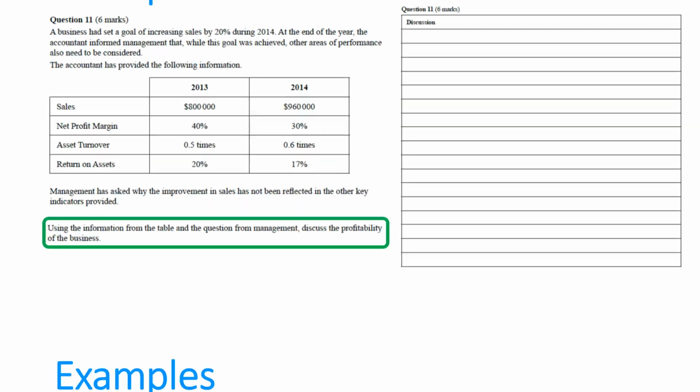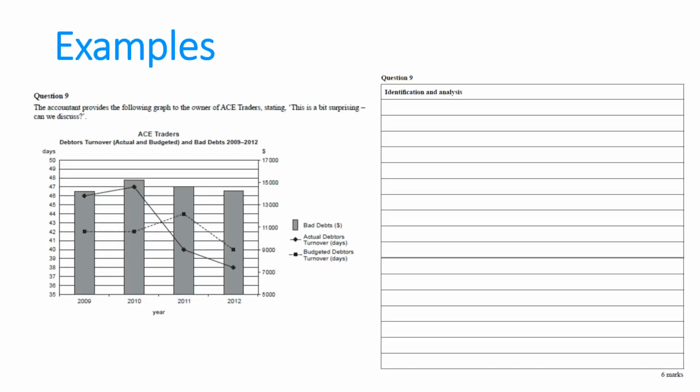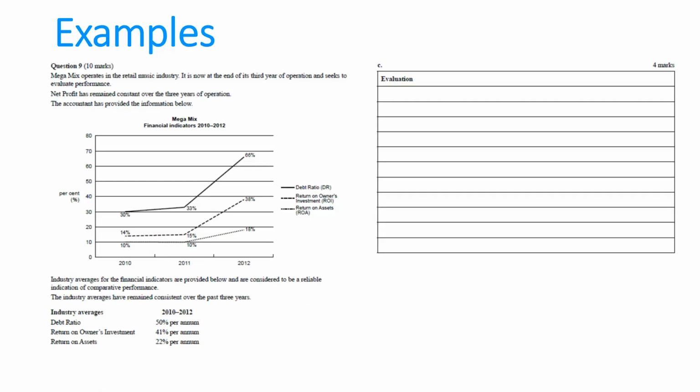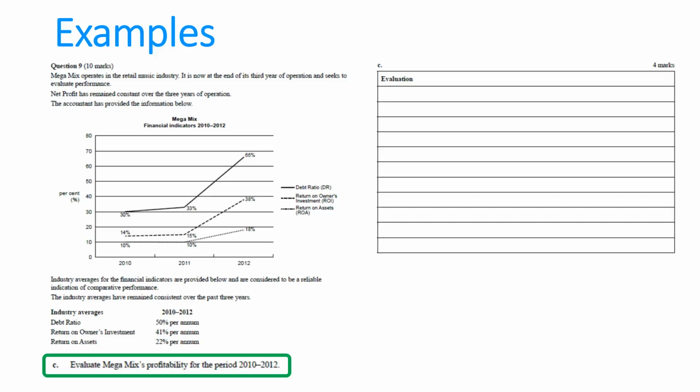That's your challenge with that question. This time you're asked to interpret a graph, and then it said identify and analyse the trends that are revealed by the graph. Quite complicated, that question. There's a lot going on in that graph. Another graph, and this time you're given some industry averages as well, and you're asked to evaluate the business's profitability from 2010 to 2012.